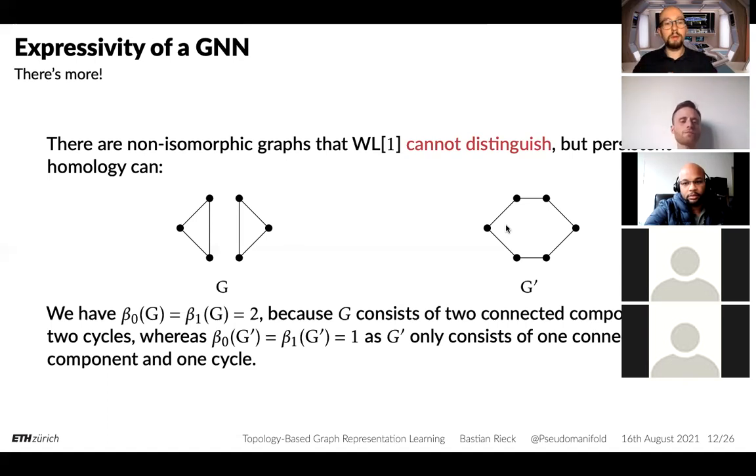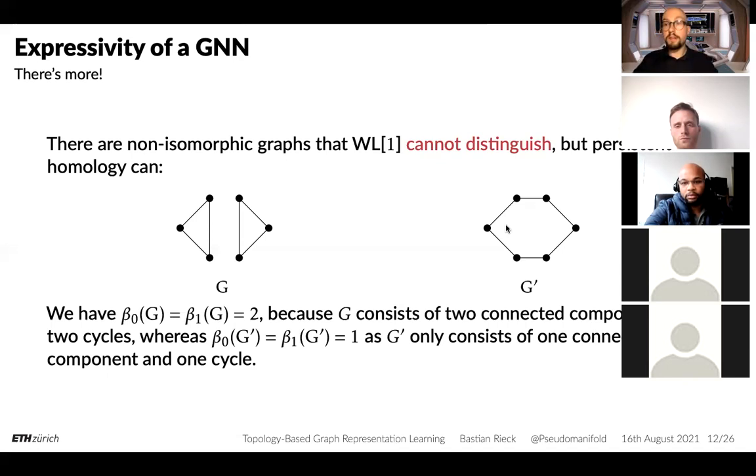So it can distinguish between them. And this means that in total, we have obtained a layer that increases the expressivity of a graph neural network. Because recall that we showed before that it's at least as expressive as a GNN. And now we're showing that there are actually cases that a GNN can't handle, but that we can handle. So this means that we fundamentally increase the expressivity quite substantially.